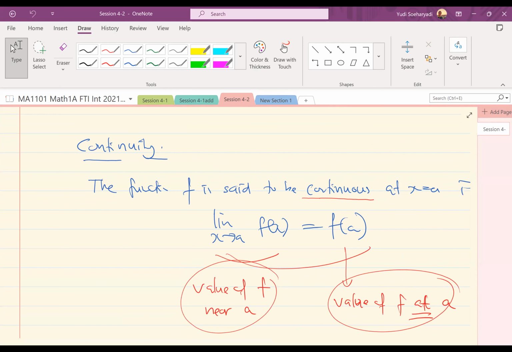Continuous means the limit at a point, say point A, is the same as the value of f at A. The value of a function at A is what I call the behavior at A, and the limit as x goes to A is the behavior near A, around A. So in the continuous situation, the behavior of the function around A and at A match.